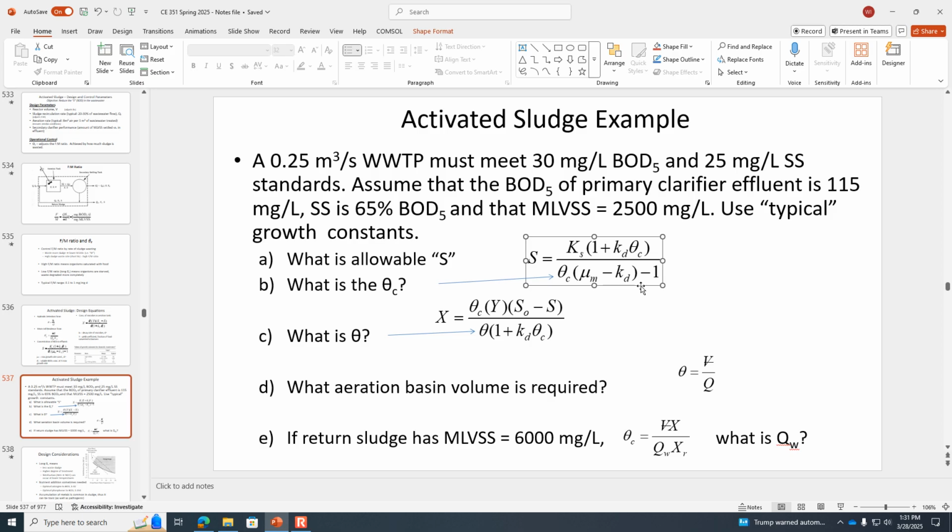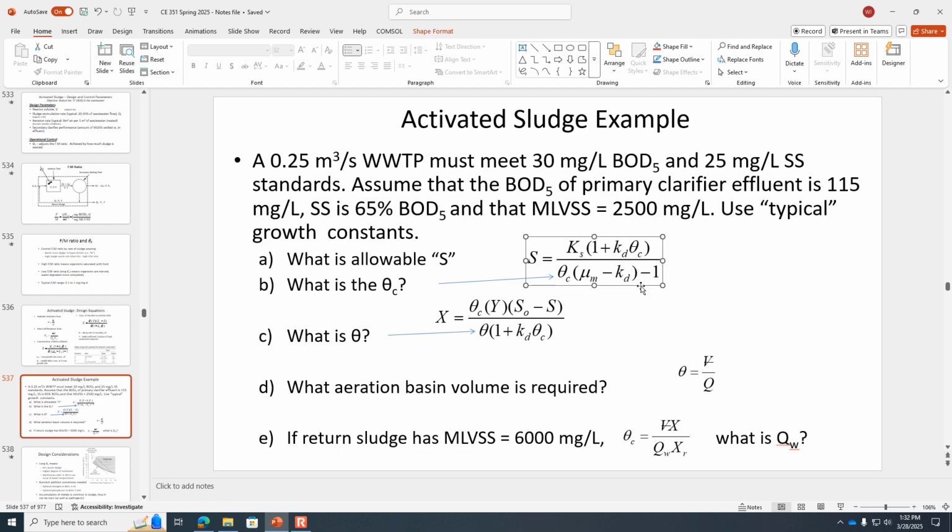So S is equal to K sub S, 1 plus K sub D times theta sub C, divided by theta sub C times U sub M minus K sub D, minus 1. All right, so we know that it's 13.75 milligrams per liter is what's allowed.